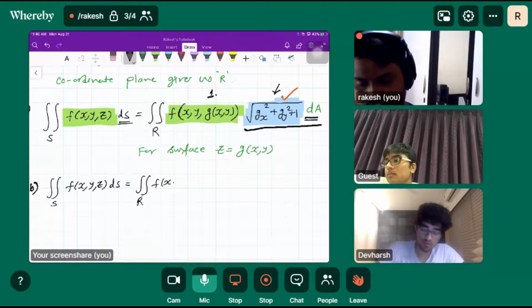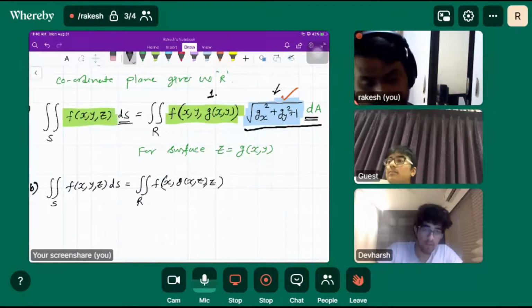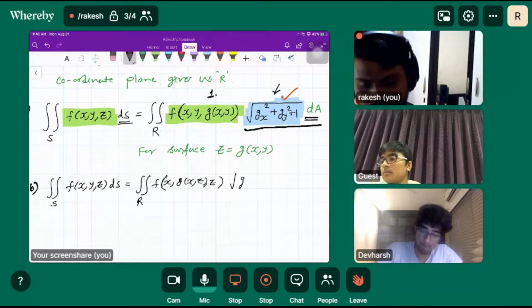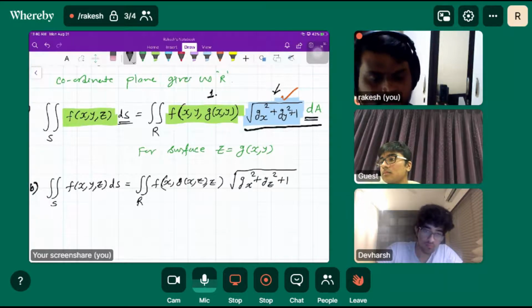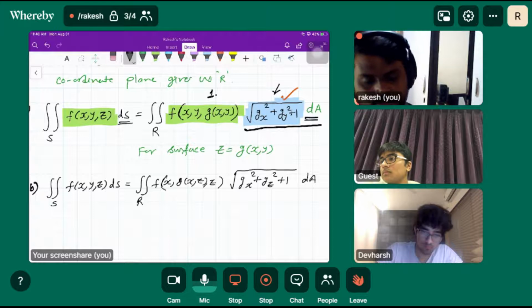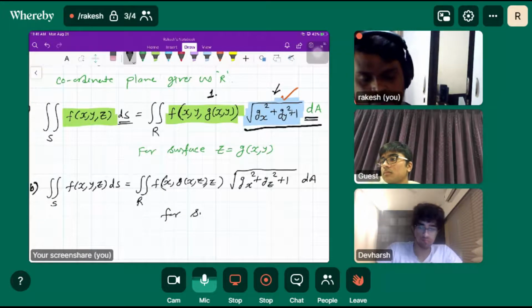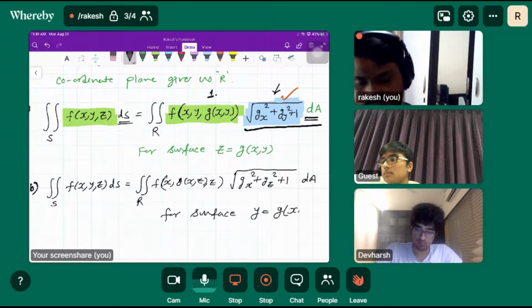So f of x comma g of x comma z. Okay, so this is y simple now. Square root of gx square plus gz square plus 1 dA for the surface y is equal to g of x comma z.